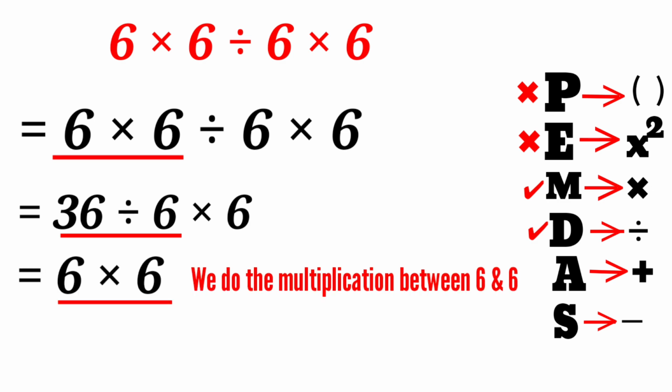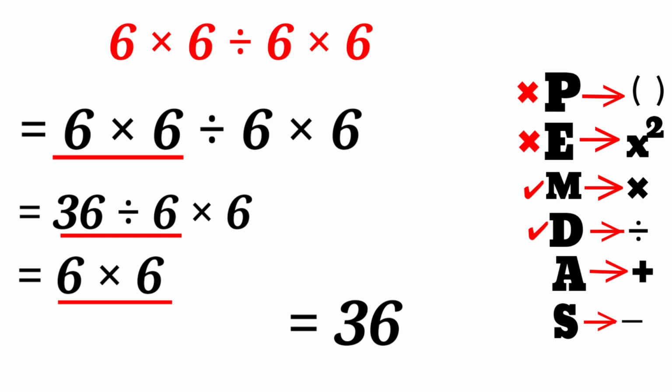We do the multiplication between 6 and 6, which is equal to 36. 36 is the correct answer.